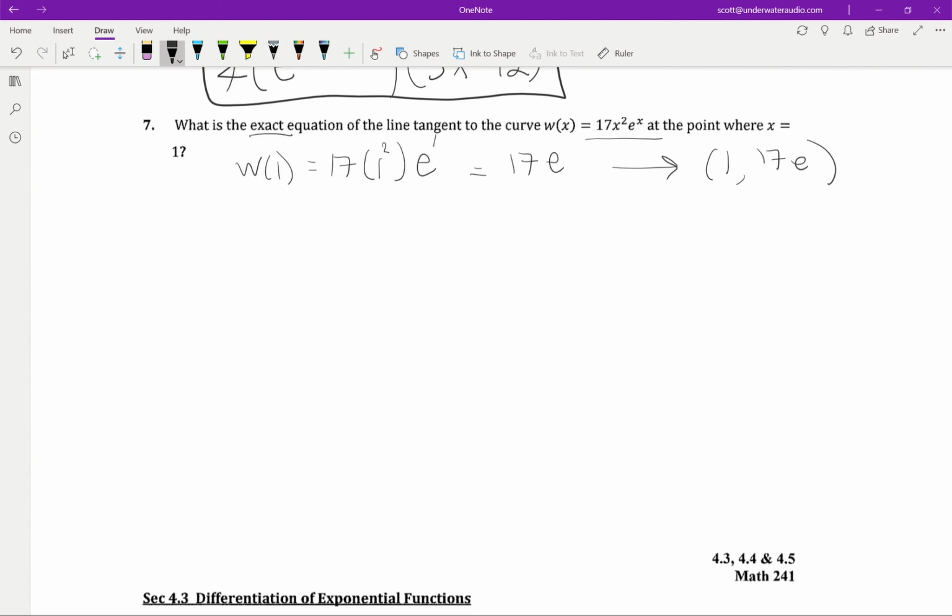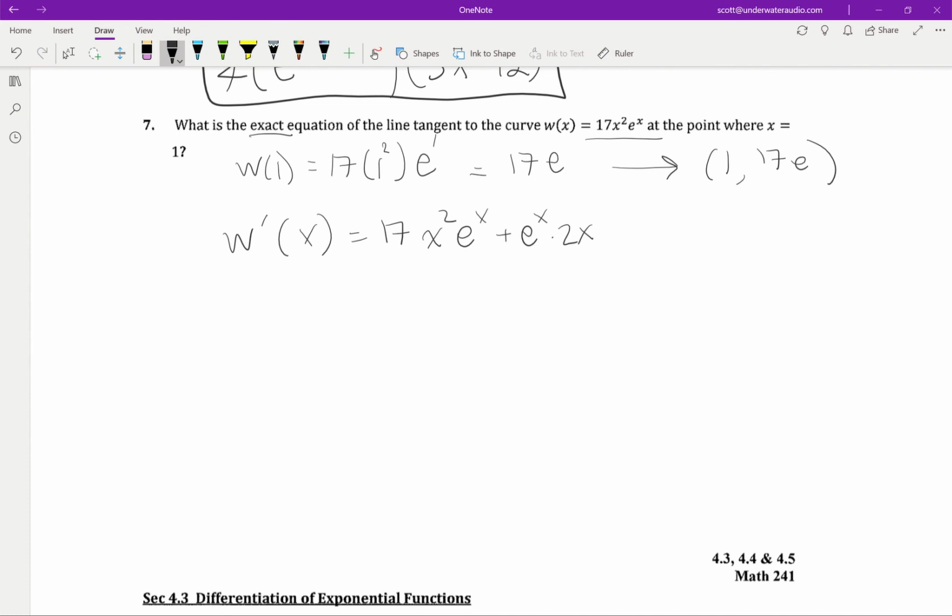Then I also need the slope, so w prime is, okay, this is a product rule, and I can ignore the 17 by just bringing it out in the front. I do the first, which is x squared, times the derivative of the second, e to the x, just e to the x, then plus the second times the derivative of the first, which is just 2x.